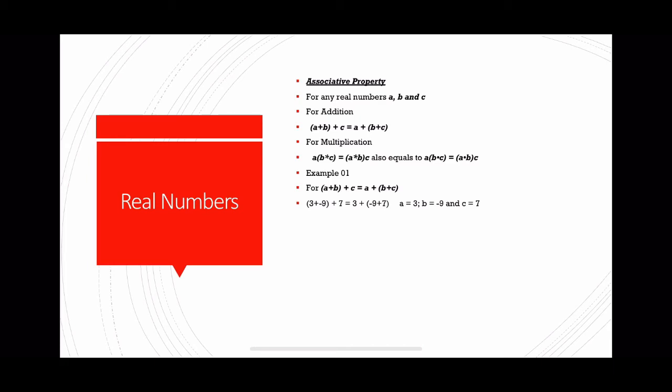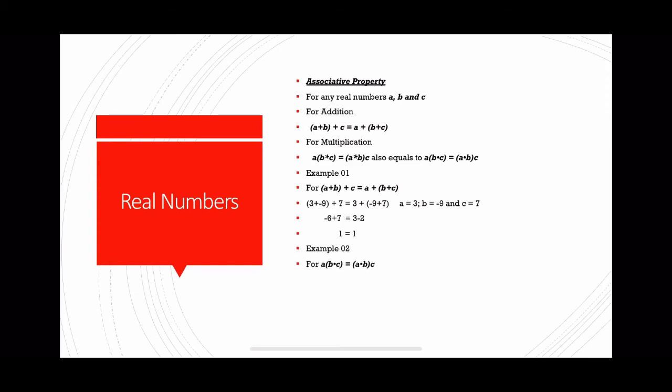So 3 plus negative 9 is negative 6, plus 7, and negative 9 plus 7 is equal to negative 2. So therefore we have 3 minus 2. Then the answer is 1 is equal to 1.